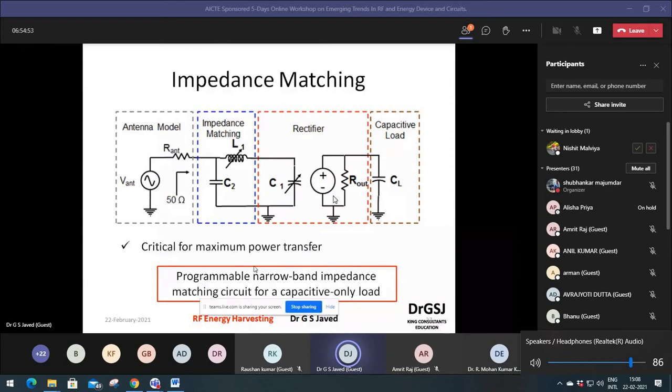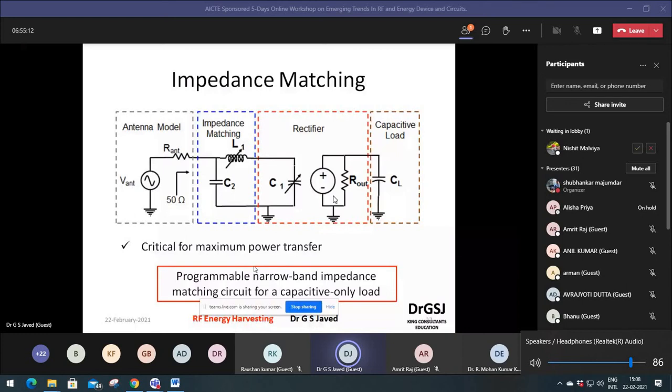Now, most electronic systems are not actually at 50 ohm. You generally keep them at a higher resistance value, and then you tune it down using LC filters or CLC match filters to do an impedance matching and get it to function.